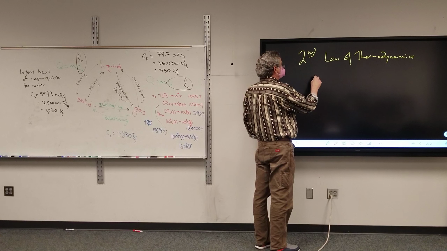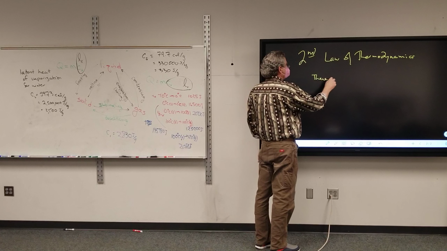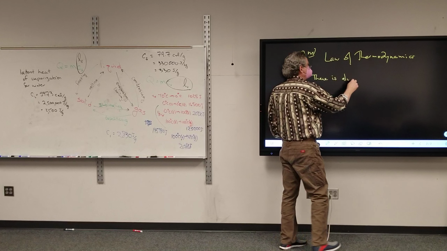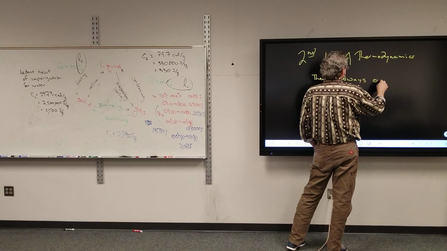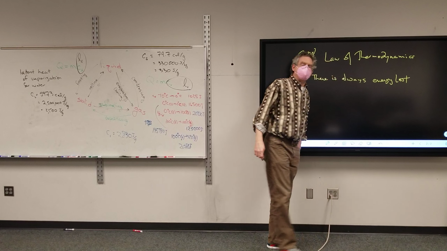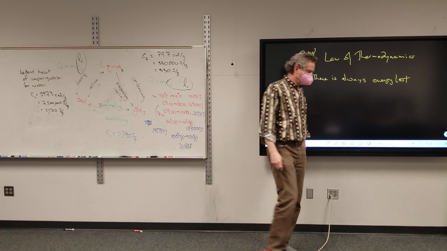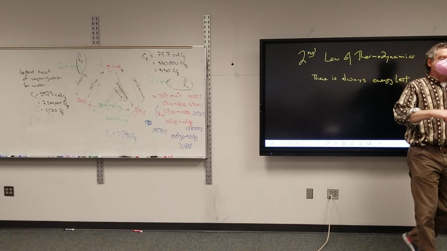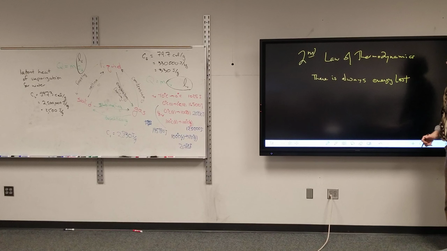I guess I can write it as there is always energy lost. And then we'll throw in the phrase "in thermodynamics," where it's understood in thermodynamics, but sometimes they say it, sometimes they don't.